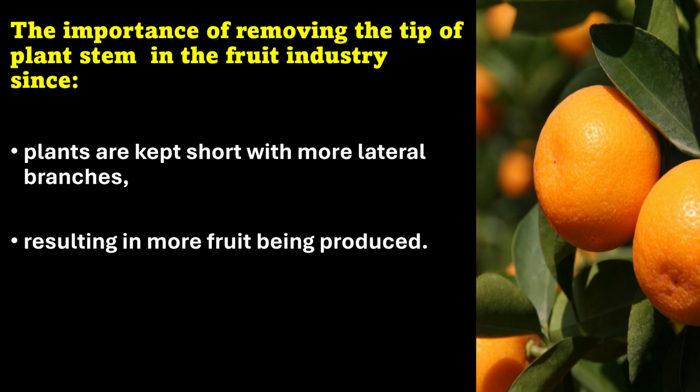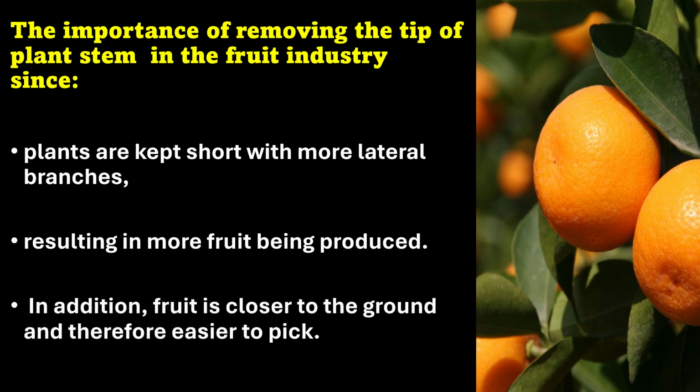Two, it results in more fruit being produced. And lastly, the fruits will now be closer to the ground and therefore easier to pick. So cutting the tip of a stem is very important in the fruit industry for those three reasons, and you have to know them for examination purposes.